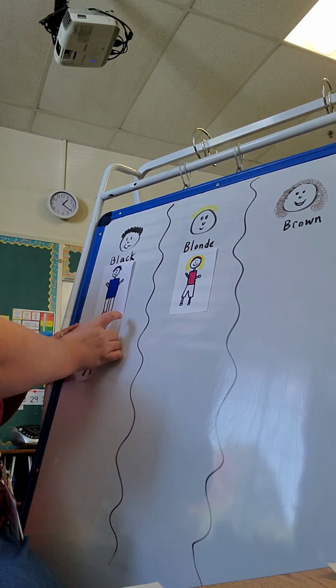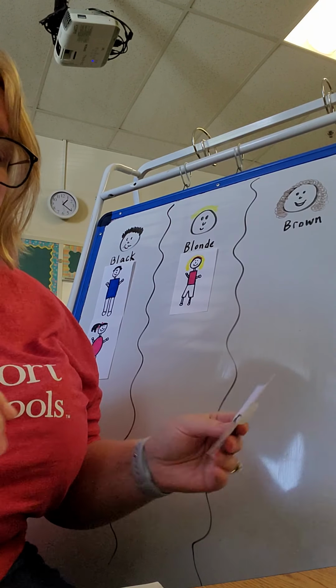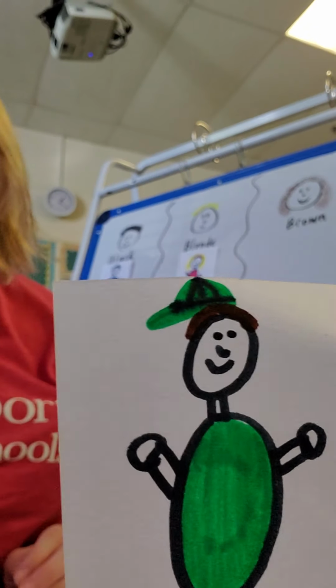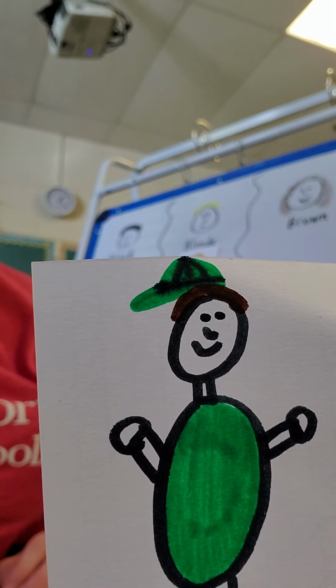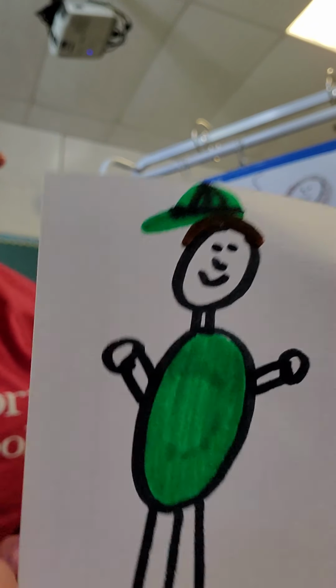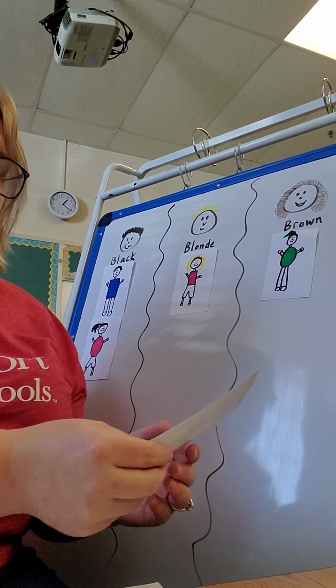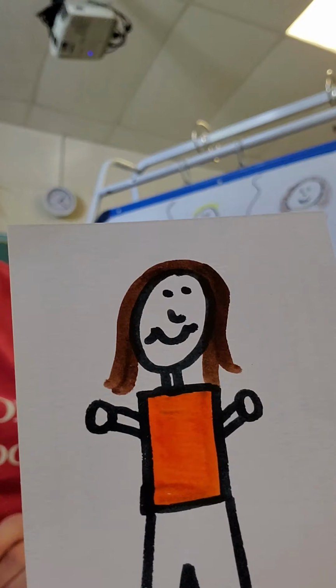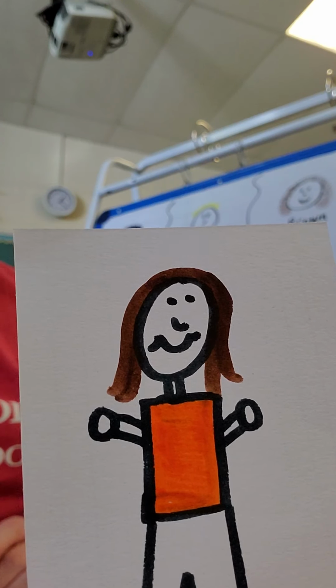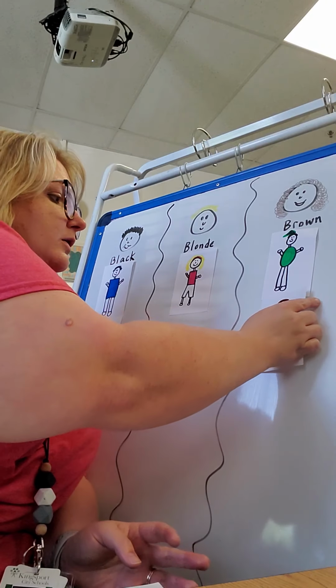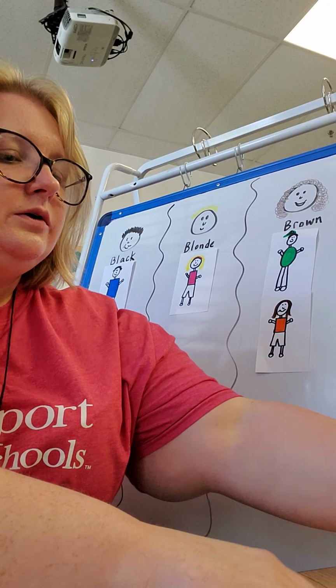So let's put her down here. All right, let's keep going. What do you think? This guy has brown hair, so we're going to put him right here. All right, next one. There's another with brown hair. Let's put her right there.